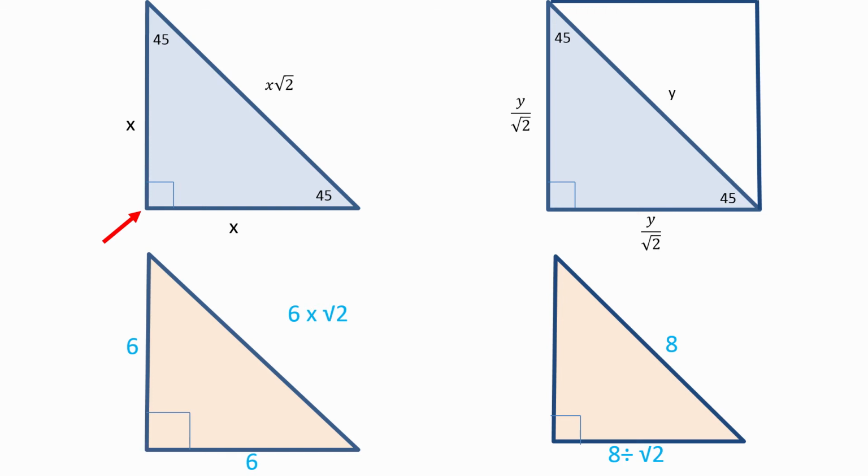Now let's do a little algebra here, because normally you don't want to leave a square root of 2 in the denominator. So to get the square root of 2 out of this denominator, what do we do? Well, the best thing you can do is multiply both numerator and denominator by the square root of 2, because square root of 2 times square root of 2 is just 2. So then we would have 8 square root of 2 divided by 2, which is 4 times the square root of 2.